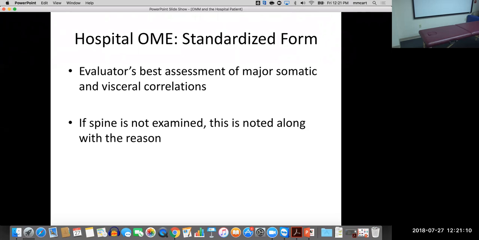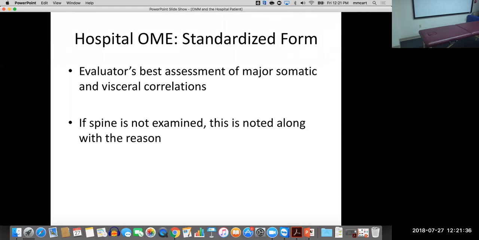So the patient is in with congestive heart failure and you found acute tissue texture abnormalities at maybe T4 and T5. And you would just speculate that, I think that the T4-5 changes are viscerosomatic secondary to their underlying cardiovascular problem, something like that.